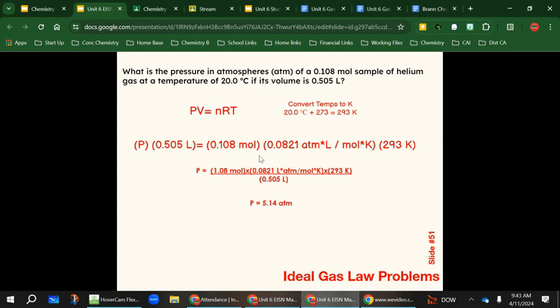So because of that, this number actually has 4 units with it. But that's okay because in the formula where you use it, you're going to be multiplying it by other ones of those or dividing it by other ones of those. So your units, in the end, whichever one of these you're solving for, will be the one unit left over from here that you did not cancel out.